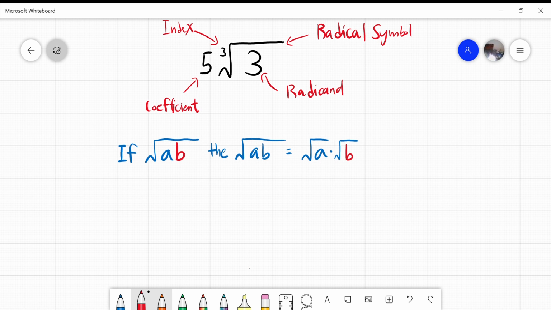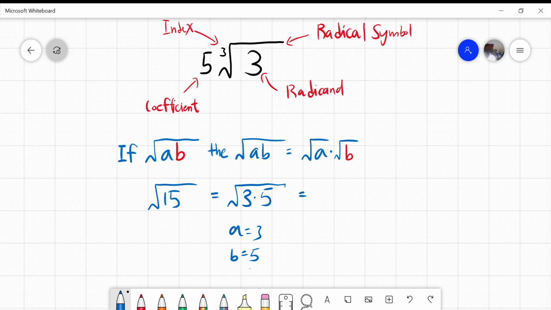Say you had something like the square root of 15. How would we rewrite this? Well, that would be the square root of 3 times 5. And so in this case, our a would be 3, b would be 5, and therefore that would be square root of 3 times square root of 5.